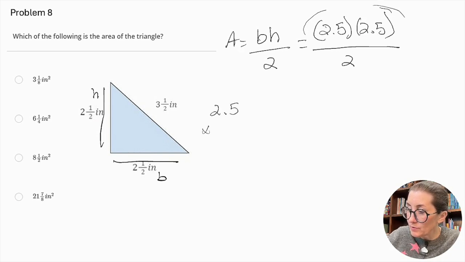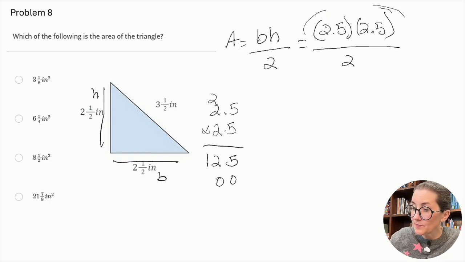2.5 times 2.5 is equal to 5 times 5 is 25. 5 times 2 is 10 plus 2 is 12. 2 times 5 is 10. 2 times 2 is 4 plus the 1 is 5.